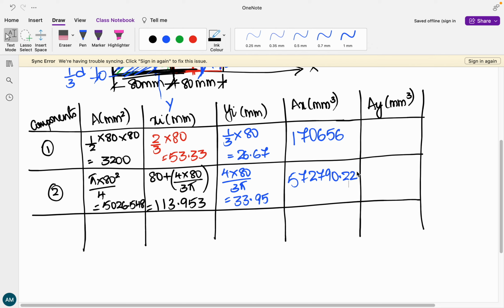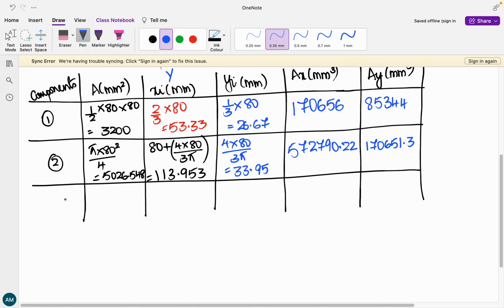Now A into y: 3200 into 26.67, so this is 85344. Next, 5026.548 into 33.95, that is 170651.3.